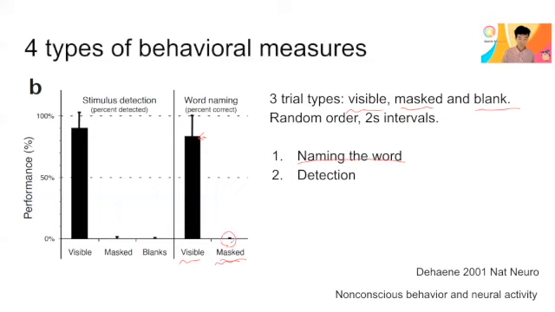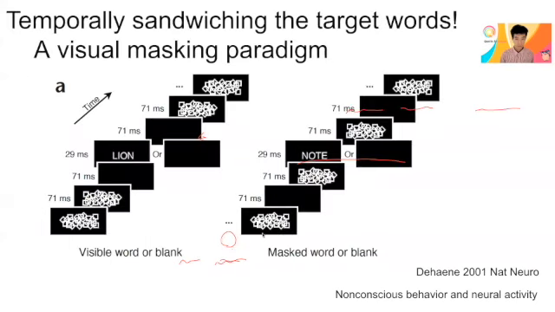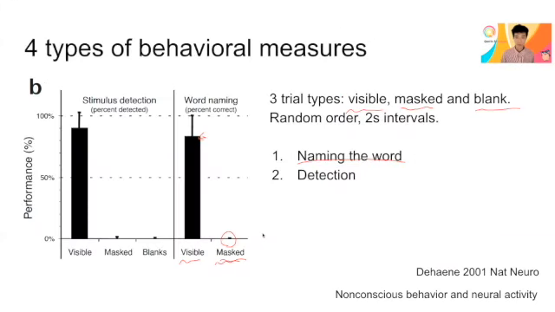So even if it was presented, you couldn't actually report it. That's the thing. Another measure is the detection task. Instead of asking to name the word, you just ask whether they saw a word or not.